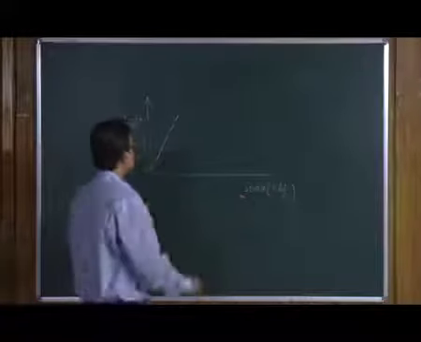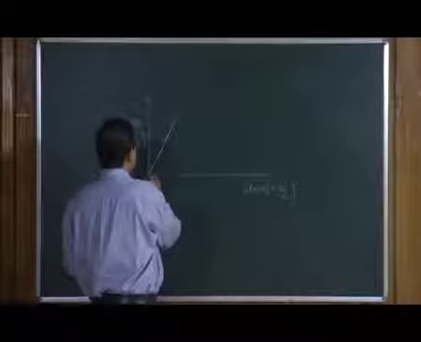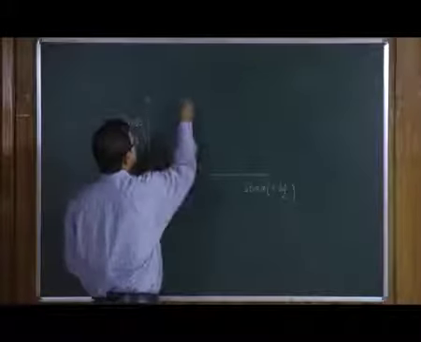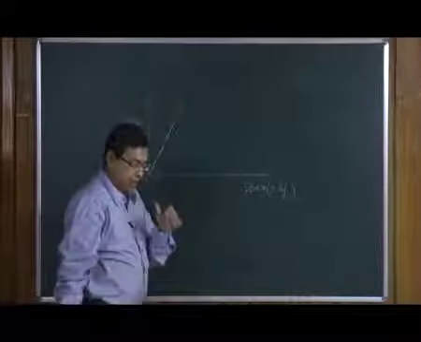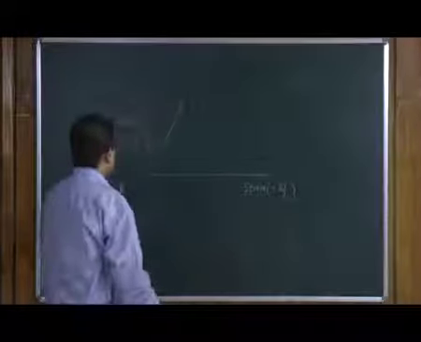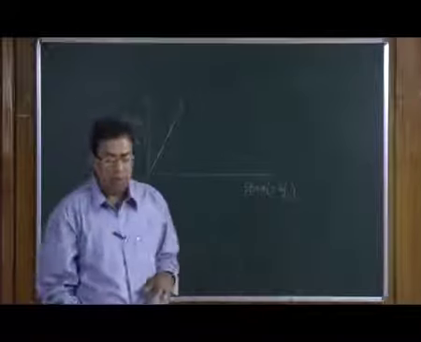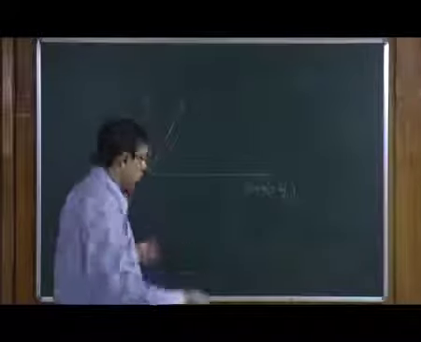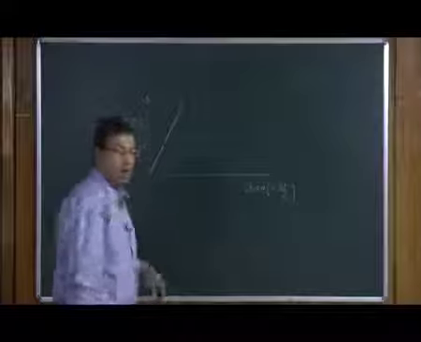In this regime, all the way from point O to point A, Hooke's law is valid. So stress is proportional to strain, and we know that the proportionality constant is called the Young's modulus.